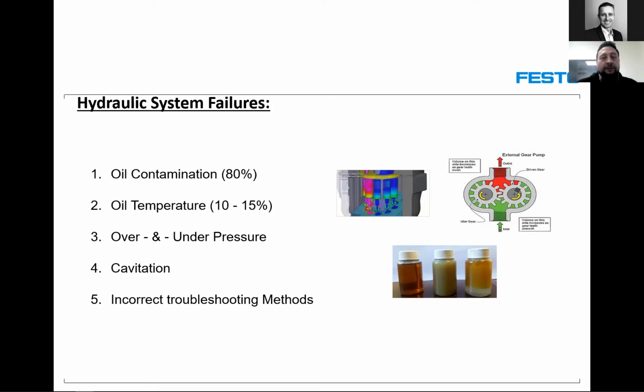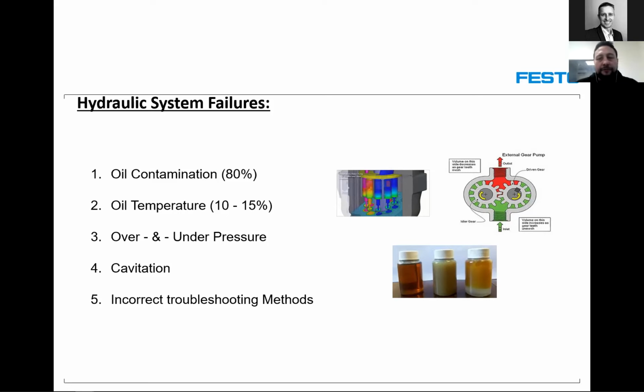The other thing you need to look at when doing troubleshooting is what equipment you can use to find the fault, and how to use it, because it's not just looking at the problem. With hydraulics, you can see nothing.